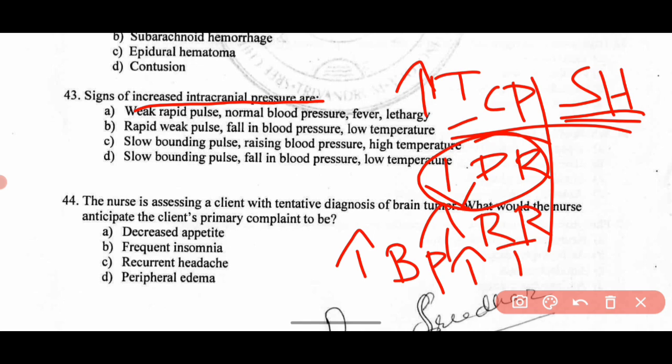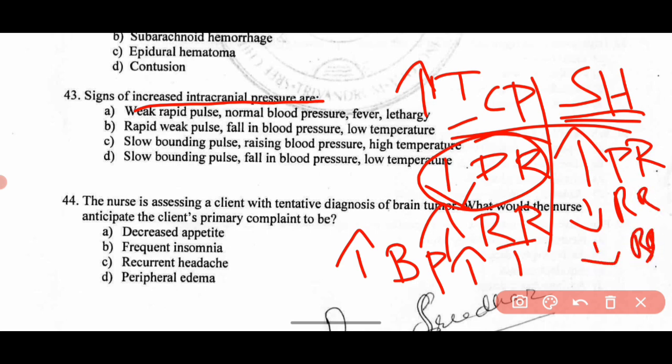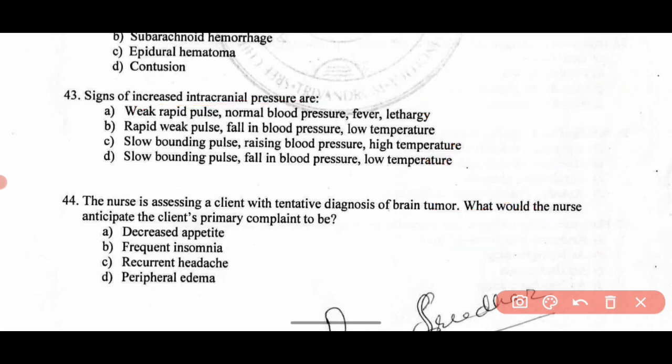In shock, only the pulse rate will increase, in order to compensate for the blood loss or fluid loss. All other things like respiratory rate, blood pressure, and temperature will decrease. So these two manifestations are just opposite.